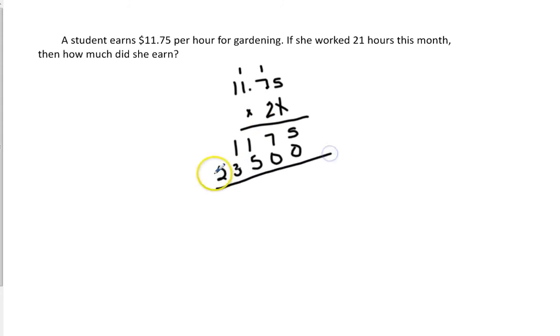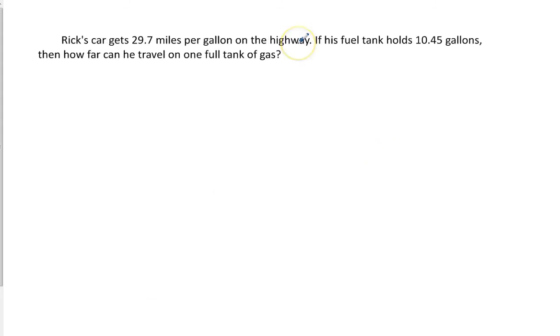And then I add it up because I've multiplied each number by the other numbers. So 5, 7, 6, 4, and 2. There are 2 decimal places in my problem, so I need 2 decimal places in my answer. So my answer is $246.75.